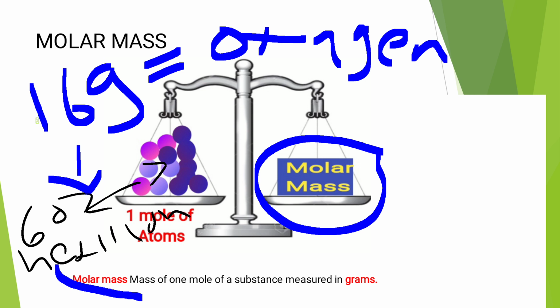Then that is the molar mass of oxygen. We already have calculated figures for this, and the molar masses of different atoms can be got comfortably from the periodic table. So basically, that is the relationship between the relative atomic mass, the mole, and the molar mass.